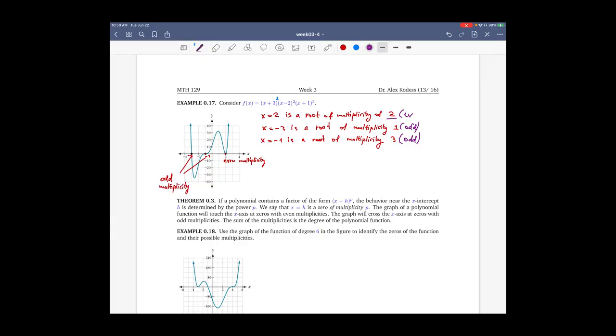And 2 is, of course, an even number. So once again, the graph of a polynomial function will cross the x-axis at zeros of odd multiplicity, and it will touch the x-axis at zeros of even multiplicity.